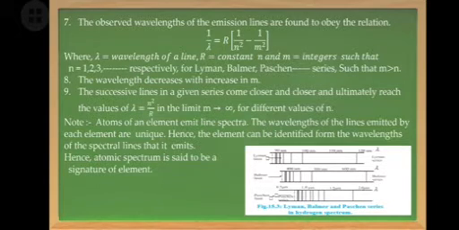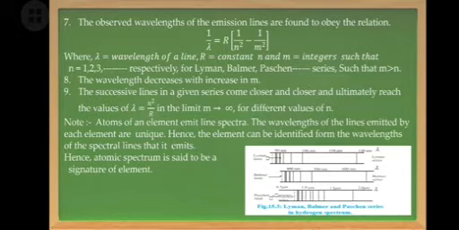So you can say that this emission spectra is a characteristic of that particular element. Hence, atomic spectrum is used as a signature of an element. As every person has their own signature, you can say that every element has its own atomic spectra.